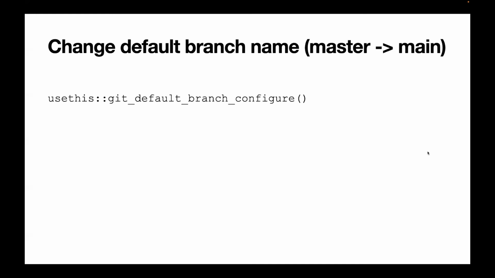So the git default branch configure, but apparently it only works for each new repo you create, because I tried creating a separate new one and assumed that I only had to run this once, and then it created a branch named master. So this is something you would potentially need to use each time. And again, this is only if you create a repository on your computer first.